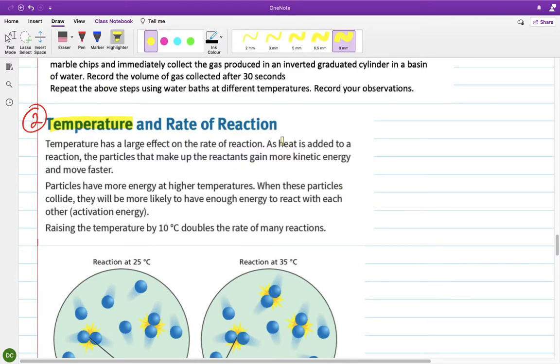When you add heat, remember that heat is energy. So when you add heat to any reaction, you're basically giving all of the particles more energy. And specifically, the type of energy that you're giving it is kinetic energy. Do you remember what kinetic?